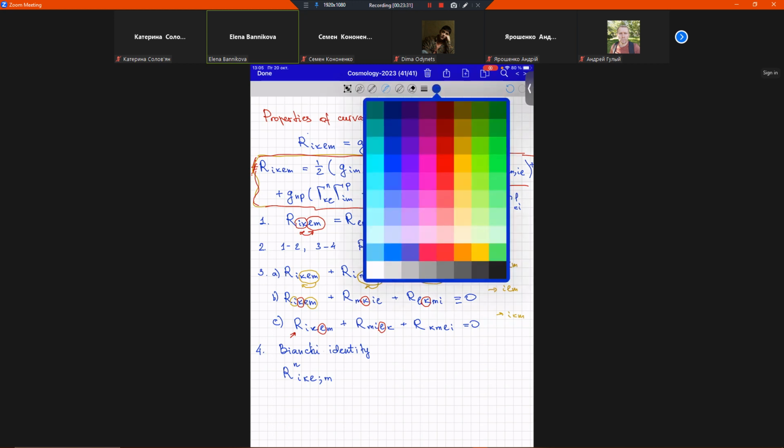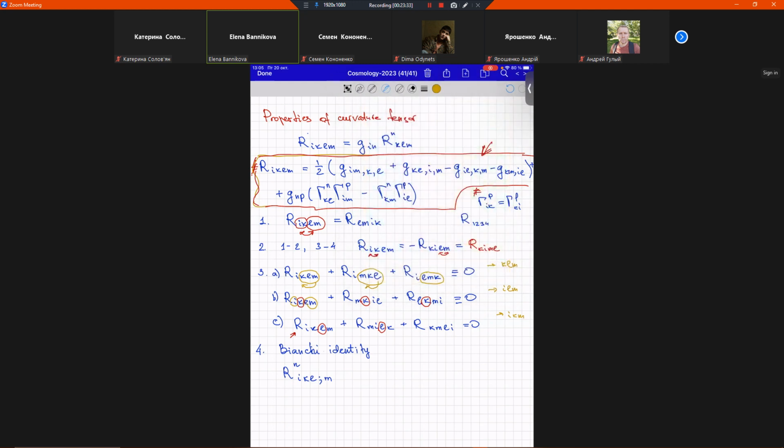So this is also the rule: if we choose 3 indexes here, and we do a cyclic permutation with exactly these 3 indexes, it will also equal 0.